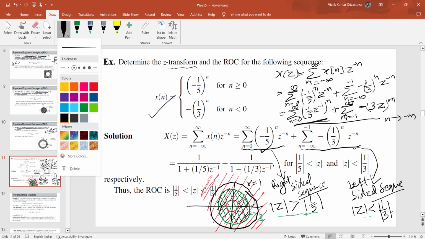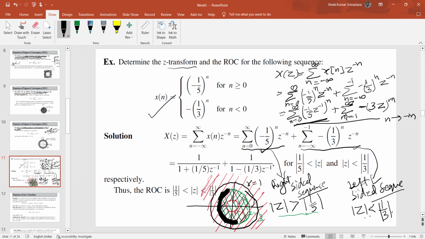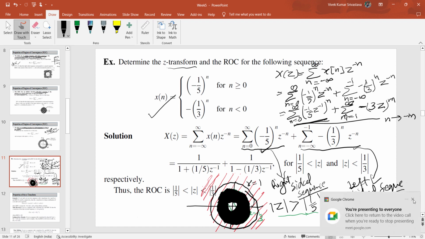So the ROC will be this one, a ring shape. So the ROC is a ring shape structure for this kind of sequence. I hope this problem is clear to you.